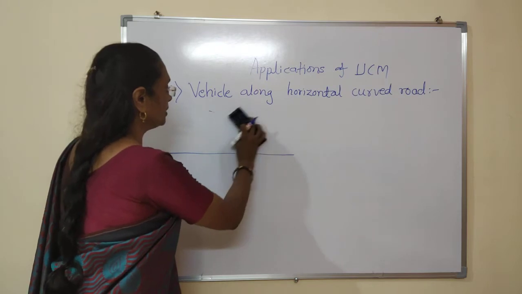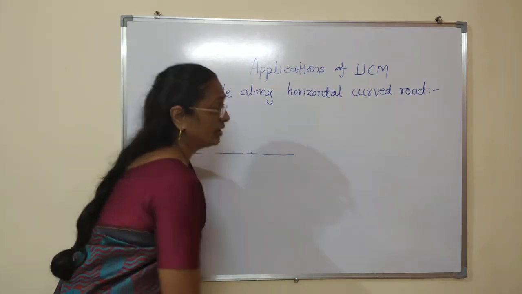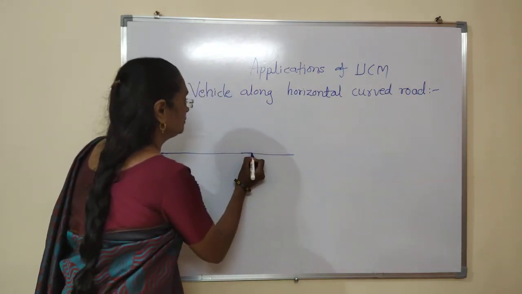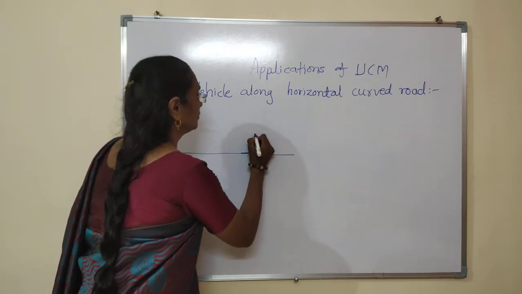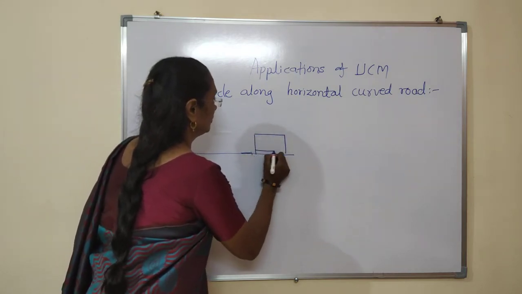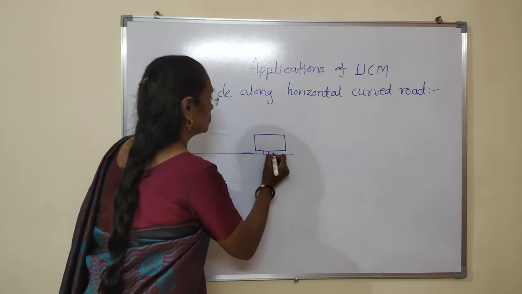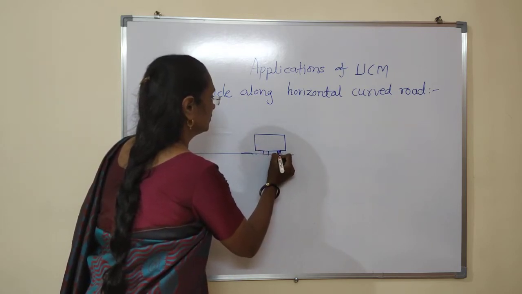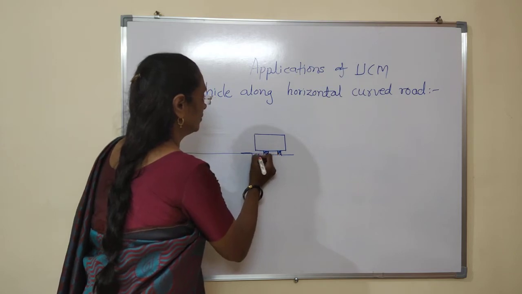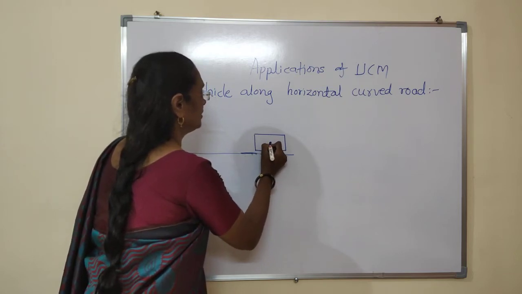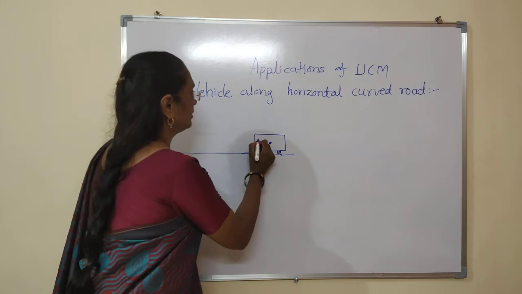We show only a vehicle, a car suppose, and the wheels of the car are shown like this. The center of gravity of the car is somewhere here.